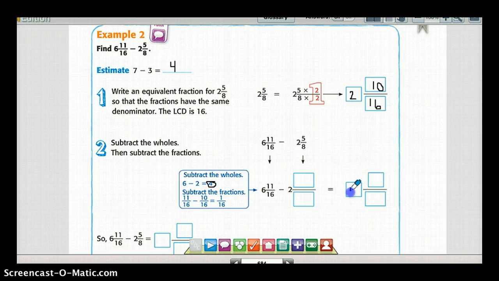And then we can subtract the fraction we just made, which is 6 11/16 minus 2 10/16. Now that we have a common denominator, we can do 11 minus 10, which will just give us 1, and then our denominator will stay the same, which is 16. So our answer is 4 1/16. And 1/16 is already simplified, so we just leave it like that.